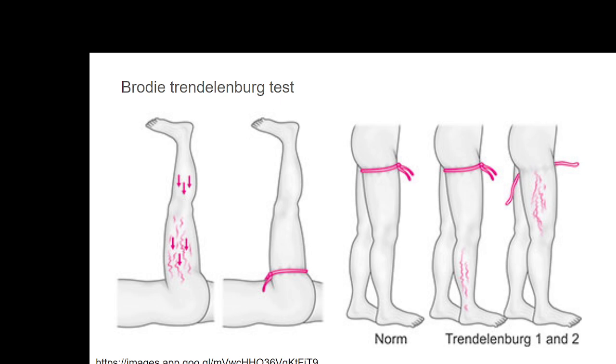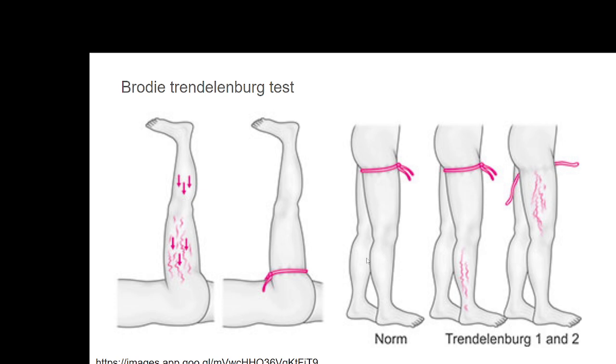The Brodie-Trendelenburg test is done by keeping the leg elevated initially and then squeezing the varicose veins superficially. Once the varicose veins are squeezed out, you tie a tourniquet, and with the tourniquet on, the patient is made to stand erect.